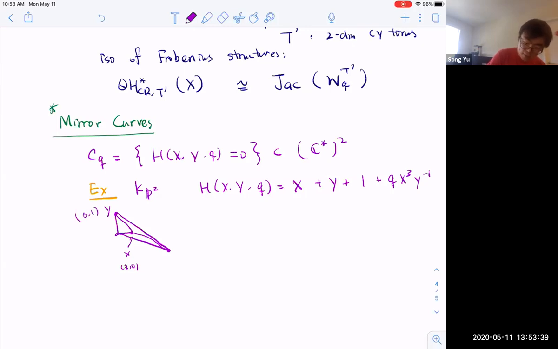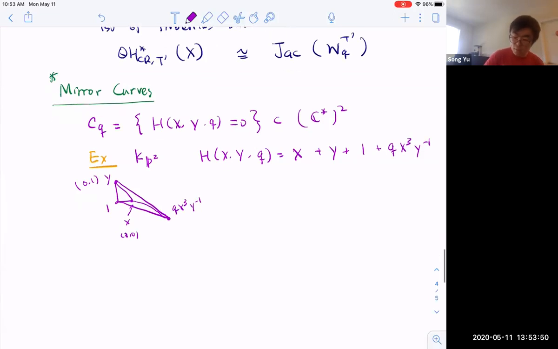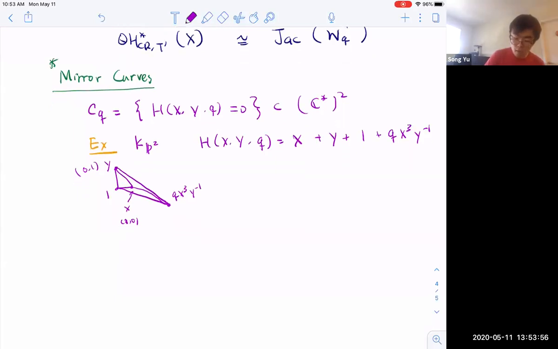The third term 1 corresponds to the origin. Finally, the last point corresponds to the lattice point sitting at (3, -1), but now there's a complex parameter q in front. As I said earlier, the dual toric graph of this triangulation is like this.